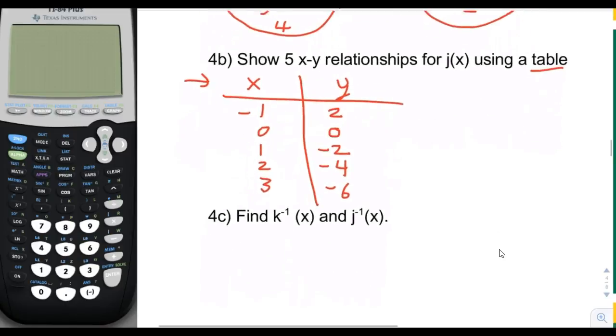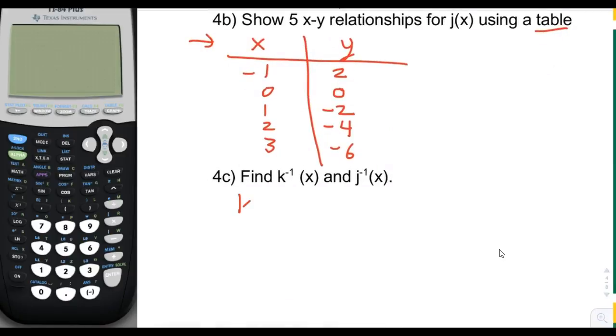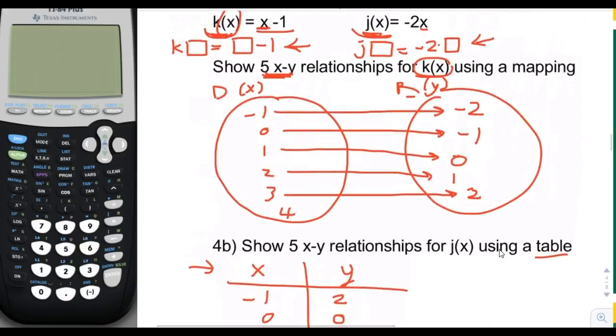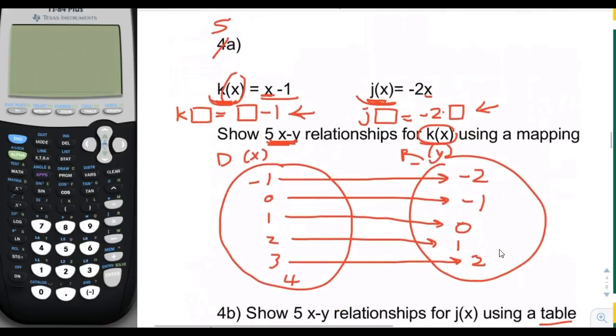Now, it says to find the inverse function of k and the inverse function of j. We know that the k function is something minus 1. So the inverse k function, which undoes k, would obviously be something plus 1.